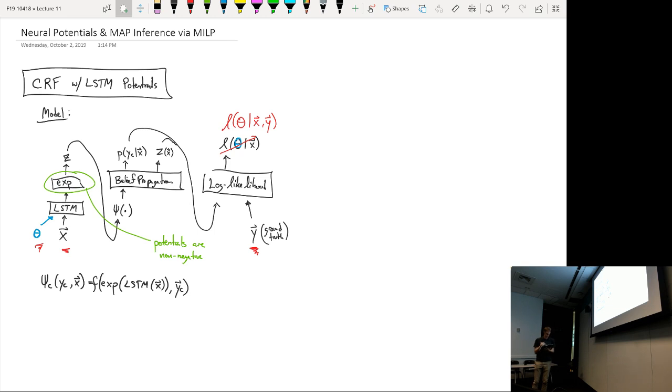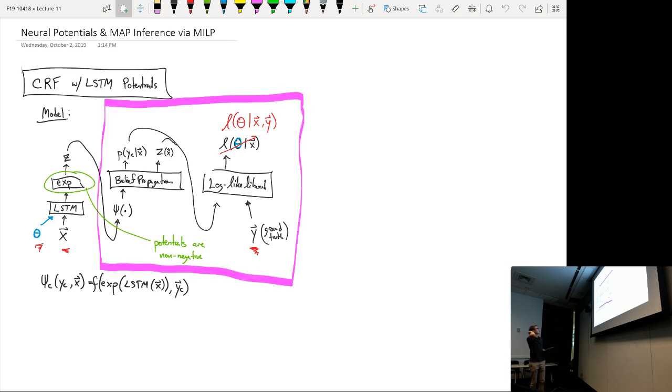So pictorially, what I mean by that is everything in this box we could think of as defining for us.